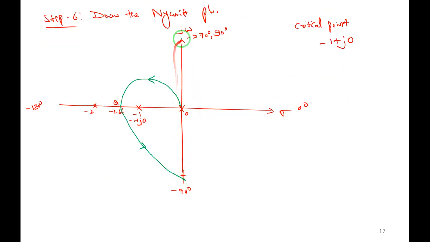Let me extend this. From here to here, take the same distance here, and we'll draw the D shape. Next, the mirror image.